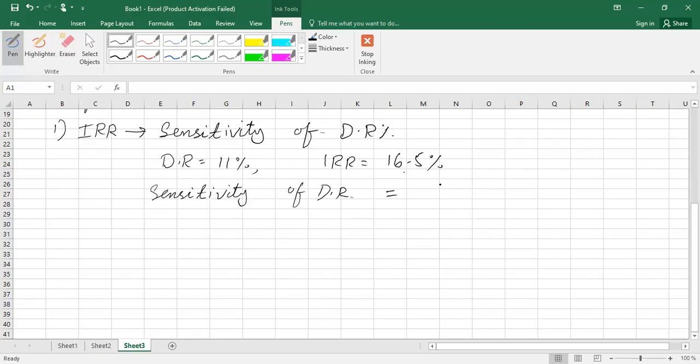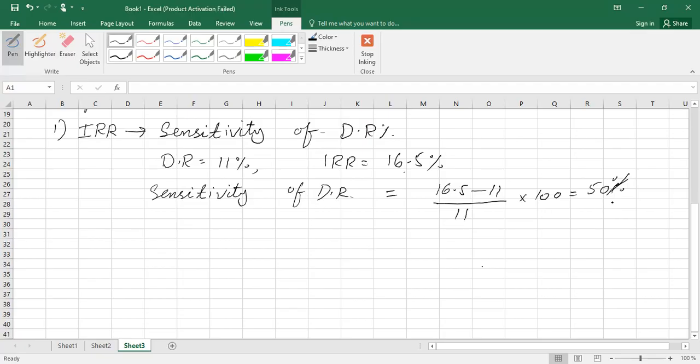It is equal to IRR minus discount rate, divided by discount rate, into 100. It is 50%. So it shows that your IRR is 50% greater than your cost of capital.